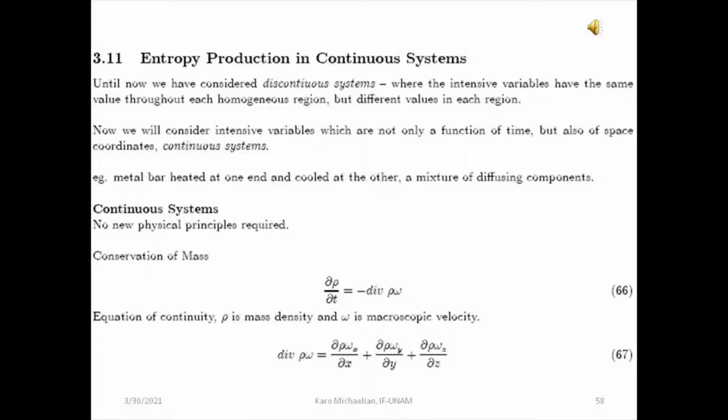So this equation 66 is just the equation of continuity for the mass density rho, where omega, as a vector, is the macroscopic velocity of the material which is moving in the system. And I will remind you that divergence is just given by this mathematical formula, equation 67.